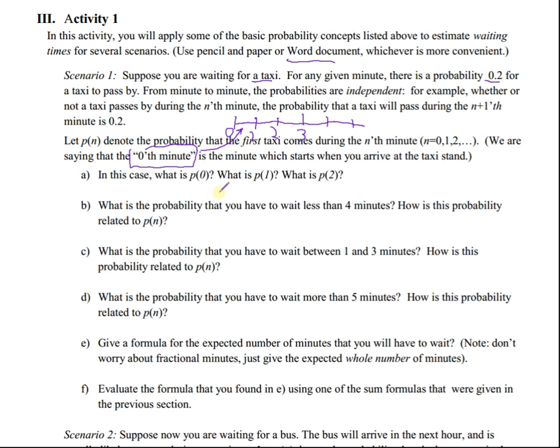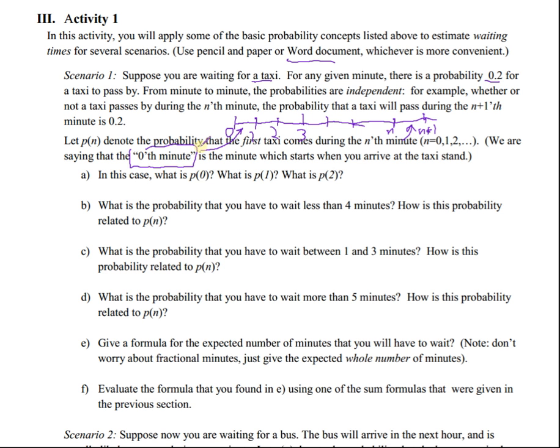The nth minute, if I take n and n plus 1, is the minute between n and n plus 1. That's important because I might have chosen this first minute to be the first minute, but I'm choosing it as the 0th minute.